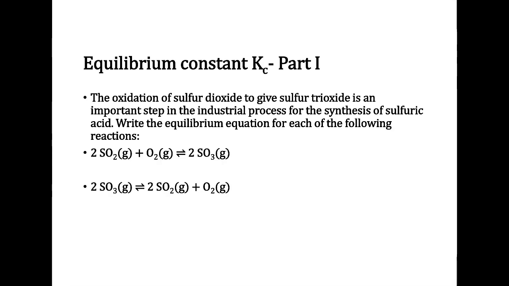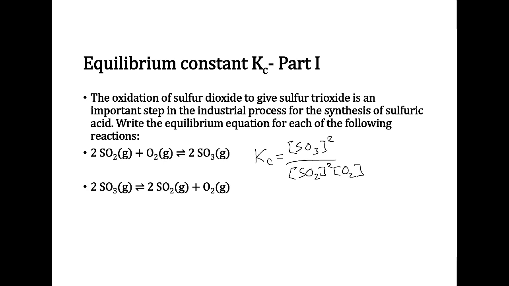Alright, here's another example where we can try to write our equilibrium constants. Let's do that really quick. When we look at these reactions, notice again that these are just reversed reactions. So from our first reaction, we'll write Kc is equal to SO3 squared over SO2 squared times O2.